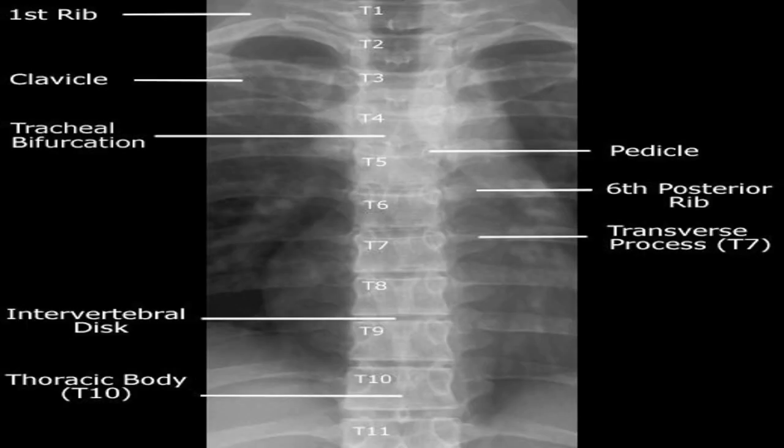So in this last image, this is just a basic AP projection showing the anatomy that's supposed to be demonstrated. So we have thoracic vertebral bodies, intervertebral joints, spinous and transverse processes, posterior ribs, and costovertebral articulations.